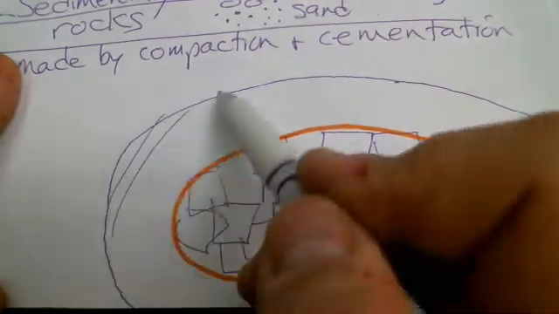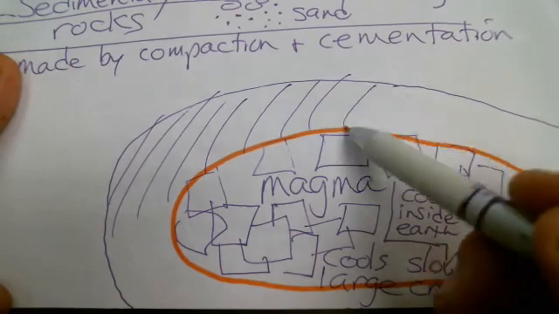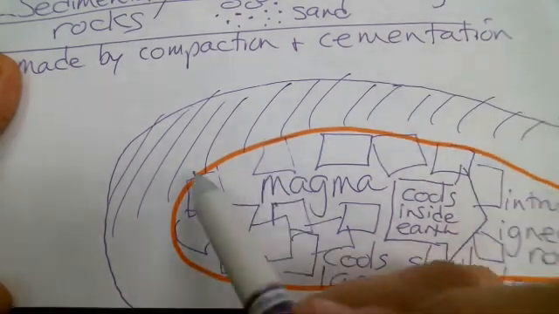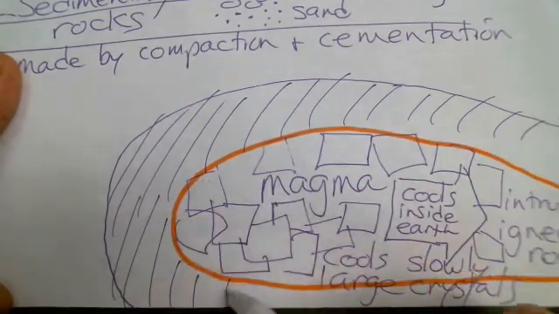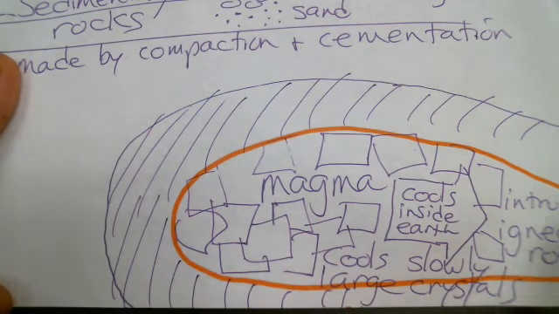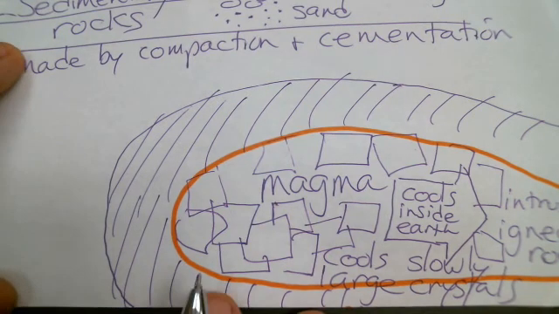So I want you to put hash marks all around it. This is the area where the sedimentary rocks get super hot because of the magma. Now the sedimentary rocks don't melt here, they just get really hot. And that heat can change the composition of the sedimentary rocks to something else.